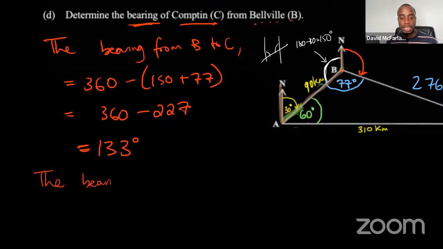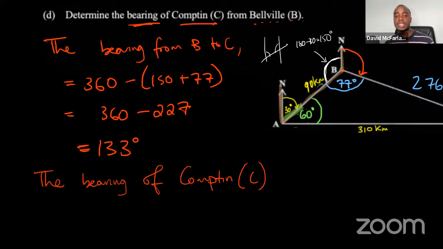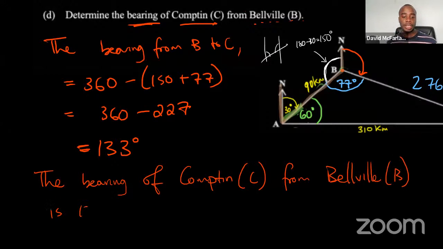So therefore we can say the bearing of Compton. Now you have to write it properly for the CXC. Bearing of Compton from Belleville is 133 degrees. Okay. So that would be our solution.